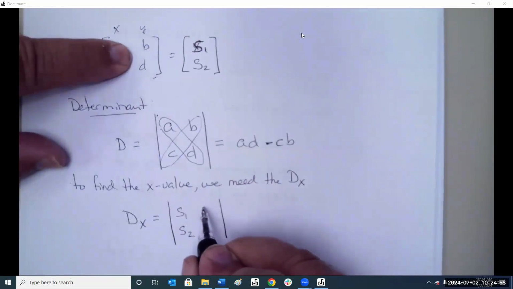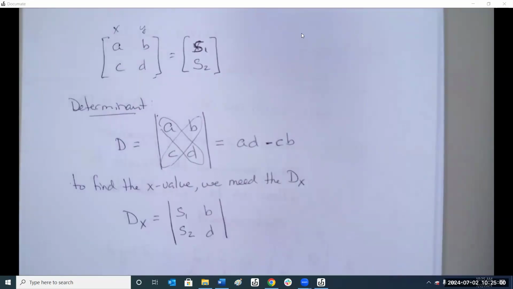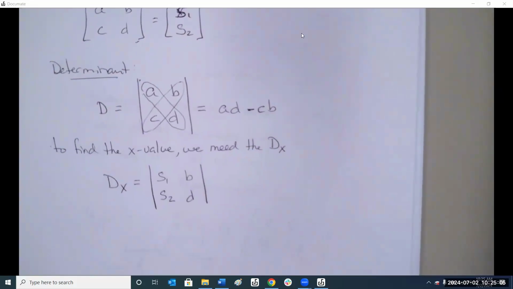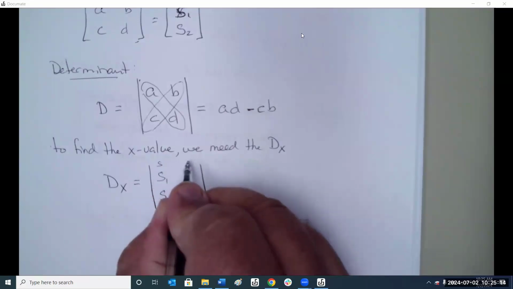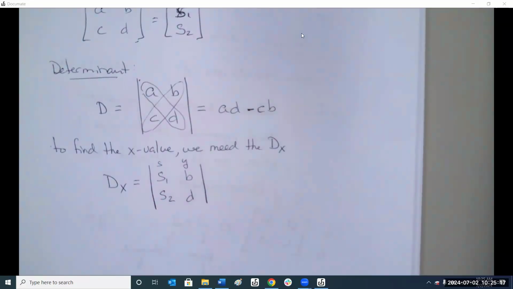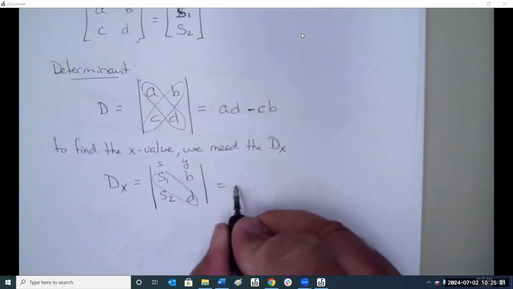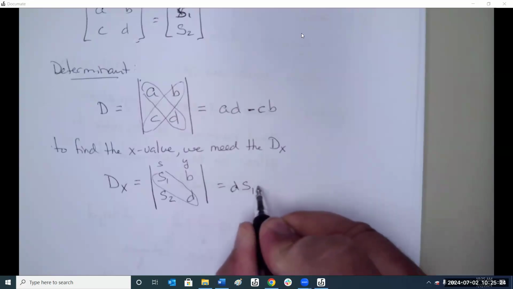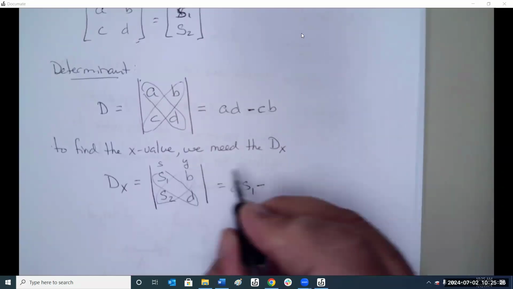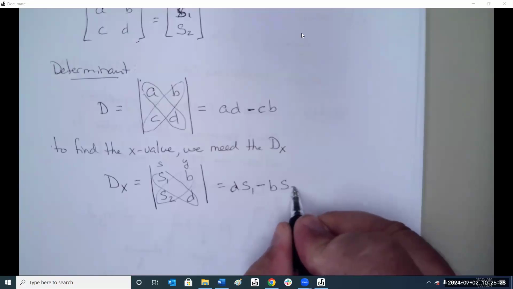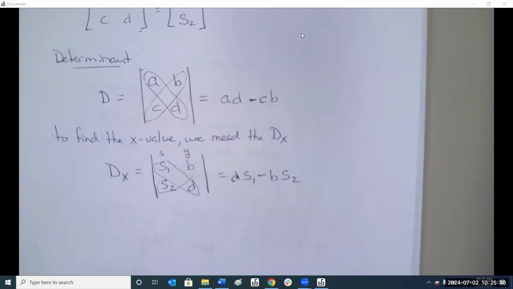Leave the y values alone. So it's going to be solution y. It's the same thing. It's the diagonals. So it's D S1 minus B S2. That's your Dx.